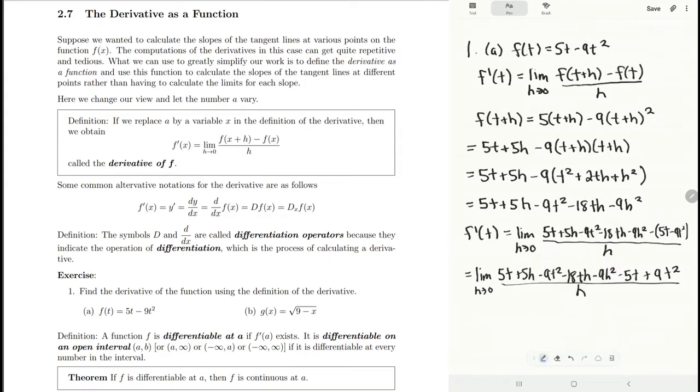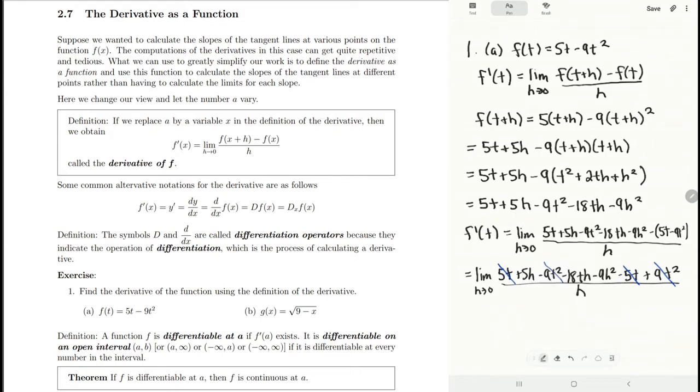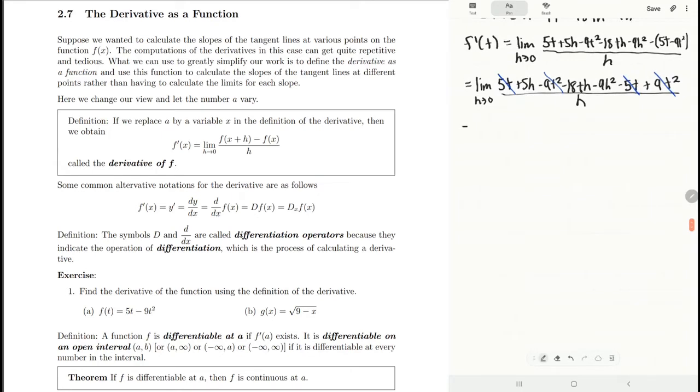And now let's simplify the numerator. We have positive 5t and negative 5t. We have negative 9t squared and positive 9t squared. So we have the limit as h goes to 0 of 5h minus 18th minus 9h squared, all over h.